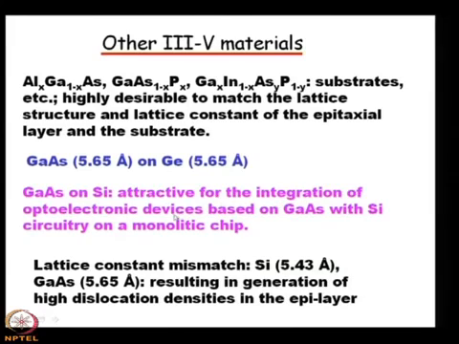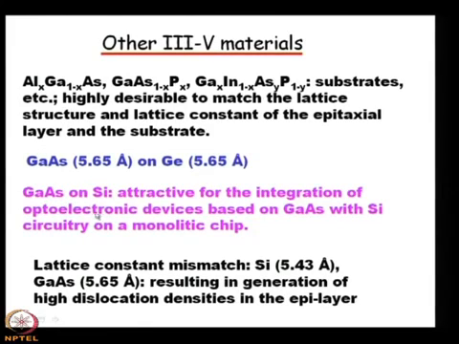That is possible if one can grow gallium arsenide on silicon, because silicon will give you better electrical characteristics for the integrated circuit, IC, because of the mature process technology, it is the most important material for IC technology, and gallium arsenide is the most important material for optoelectronics, as we have discussed now.